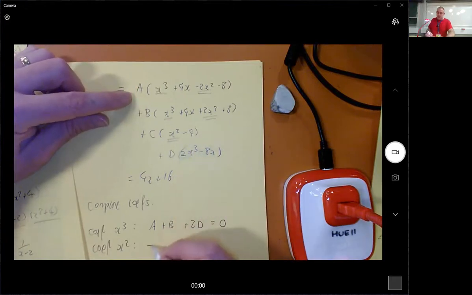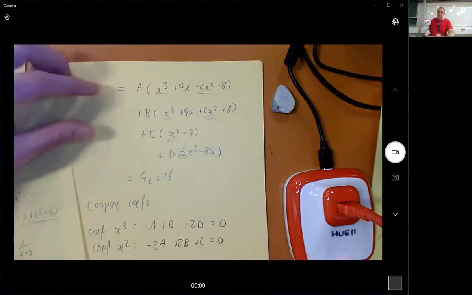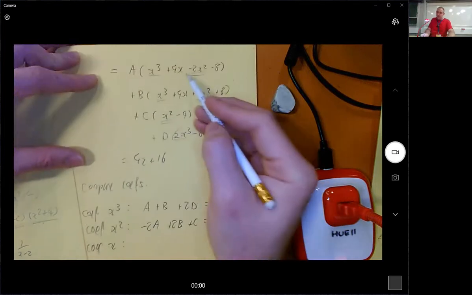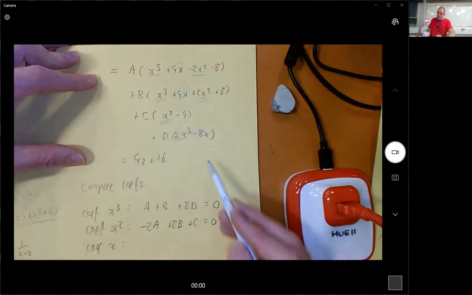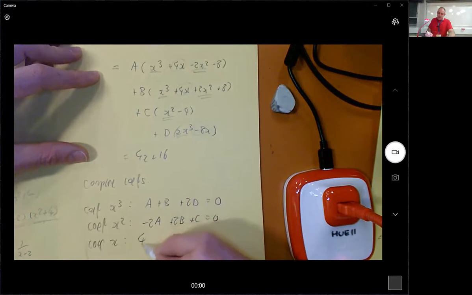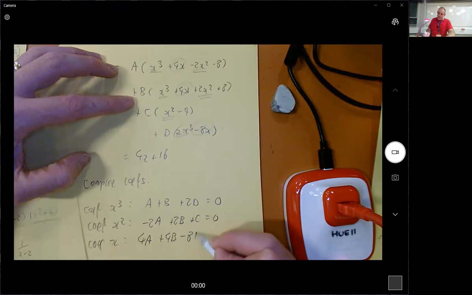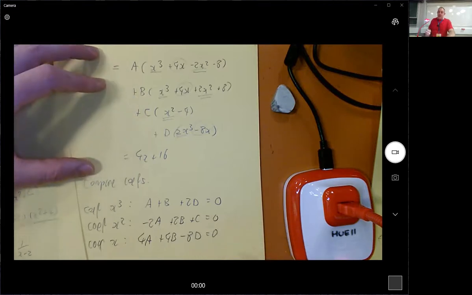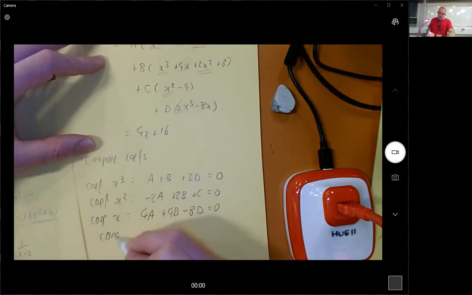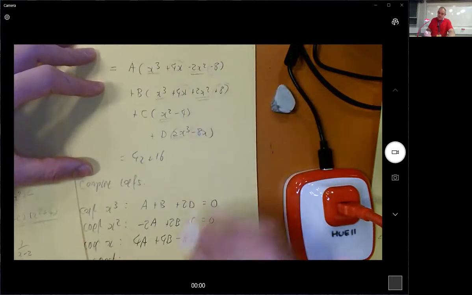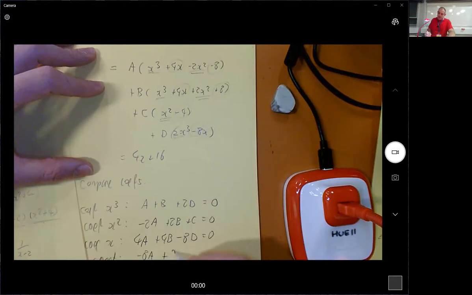So that will be minus 2a plus 2b plus c, and that's 0. And the coefficient of x, there's one here, and one here, and one here. That will be 4a plus 4b minus 8d, and that's 0. And the constant term is here, is minus 8a plus 8b minus 4c equals 0.